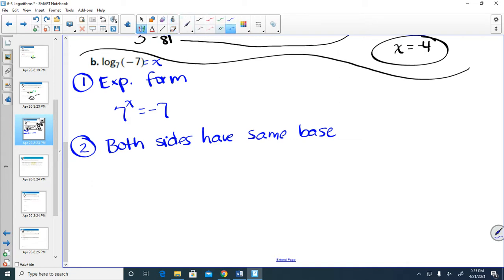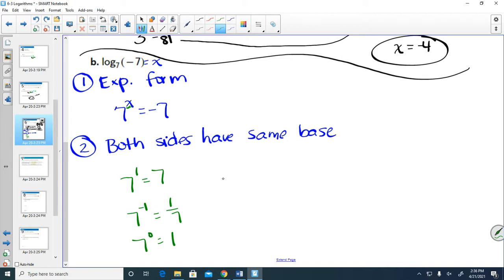Is there any number that x could be in order for 7 raised to that number to be negative 7? Well, 7 to the first power is 7. Okay, that's not negative 7. What about negative 1? 7 to the negative 1 is 1 over 7, which is not negative 7. 7 to the 0 is 1. There's nothing I can raise 7 to in order to get negative 7.